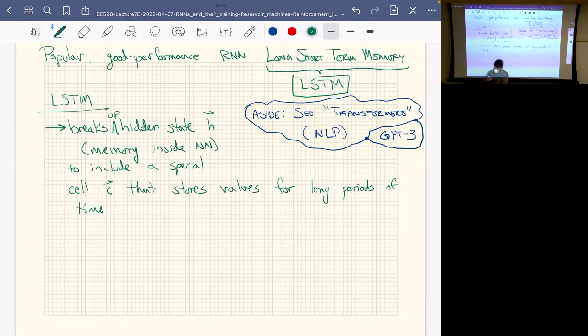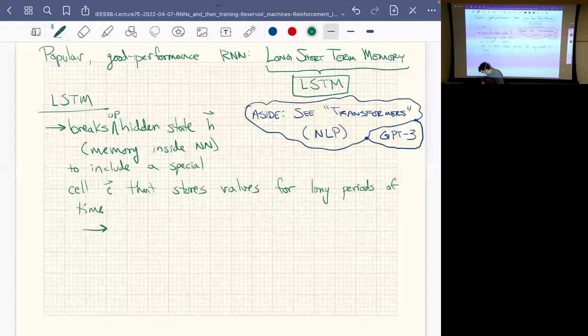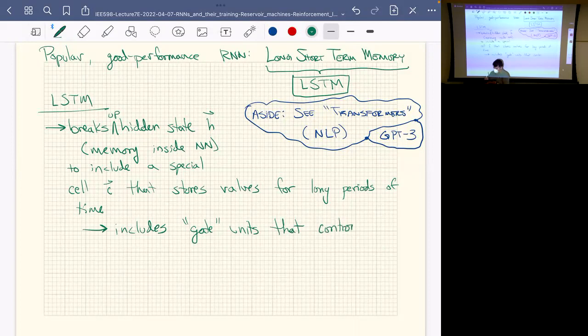I'm just going to write this down: it includes gate units that control access to this cell, and I say read and write access.